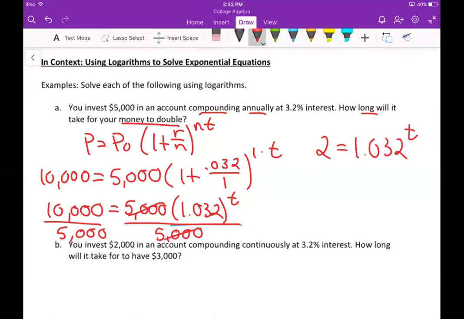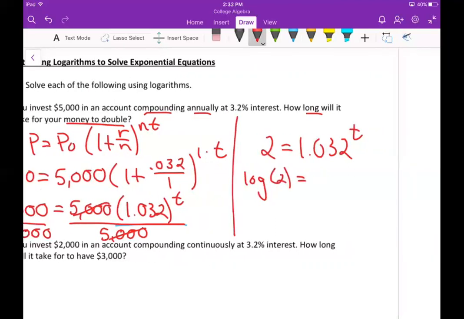We're going to find our doubling time for this equation, our exact doubling time. Now, we're solving for our variable, which is trapped in the exponent. This is the point in time where we can take the log of both sides and solve for it. Log of 2 equals log of 1.032 to the t.